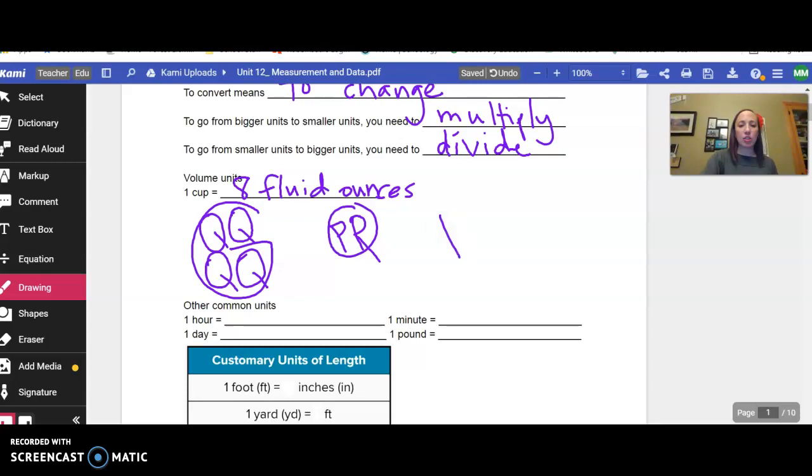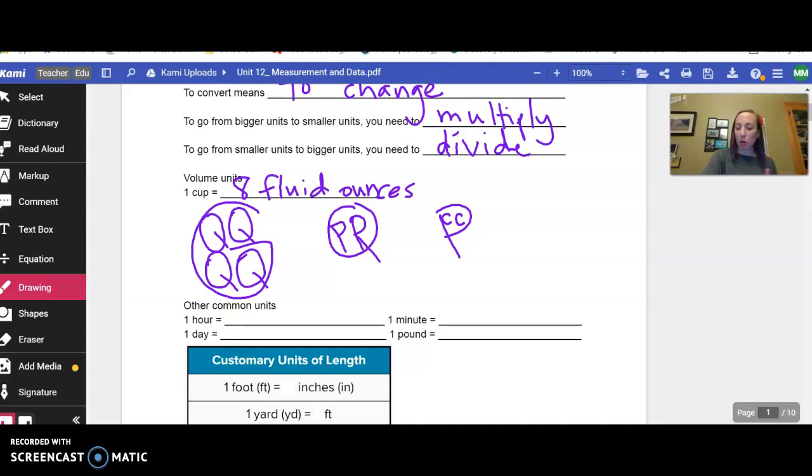And then inside each P, we have 2 cups. So then sometimes if it's like how many pints are in 3 quarts, we'll think about, okay, 3 Q's, how many P's are there in all those? That's the visual that helps me remember. Like if somebody was like, how many pints are in a gallon? I don't have that number memorized. I would have to think about it a second. So the visual is helpful.